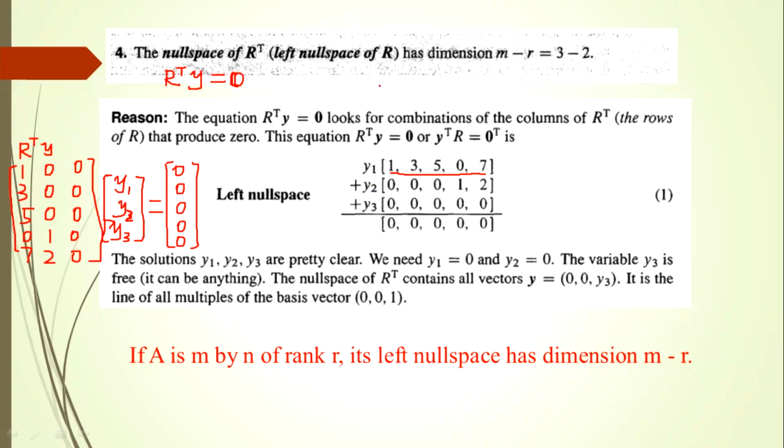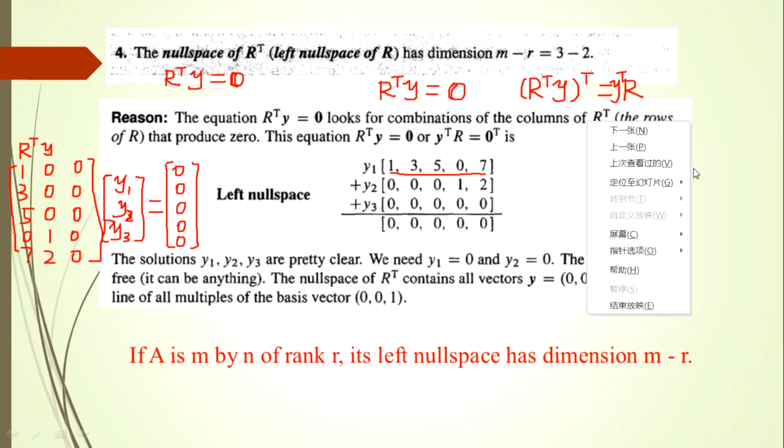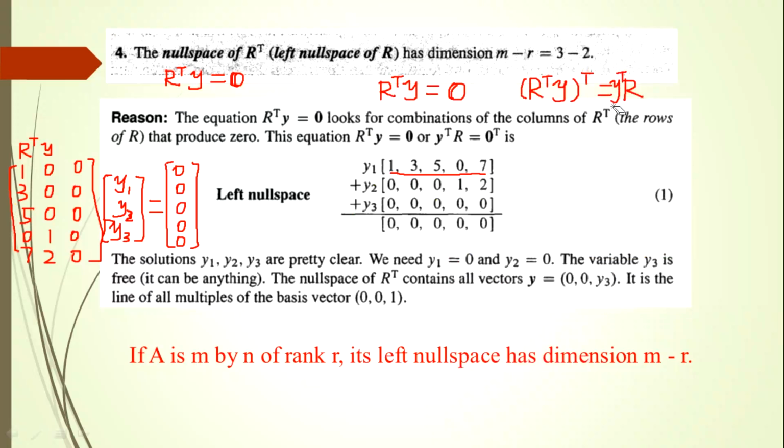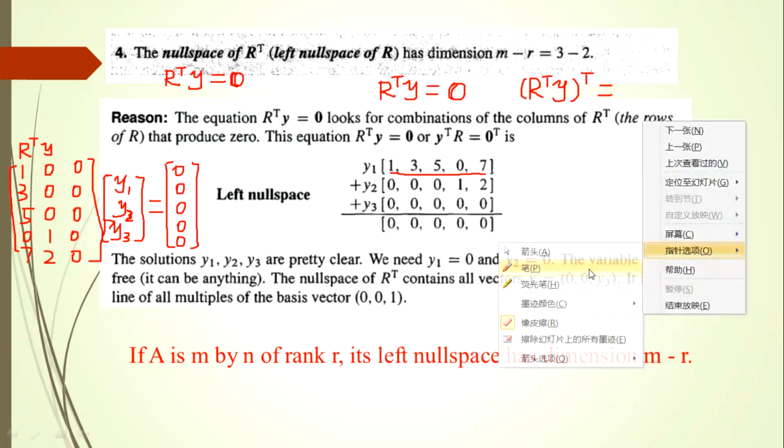And also we can understand R transpose y equals the 0 vector by putting the transpose on both sides according to the formula, right? R transpose transpose is R, and then it will be y transpose times R. AB transpose is B transpose times A transpose, right?